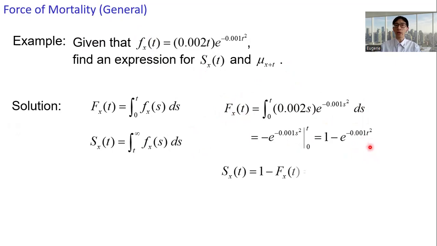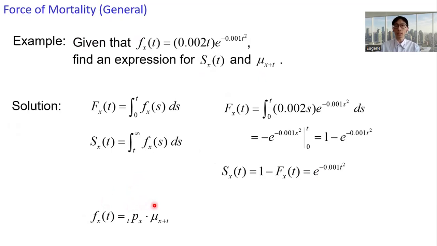So the survival function Sx of t is simply 1 minus Fx of t. So we get the survival function Sx of t equals e to the power negative 0.001t squared. To obtain the force of mortality, the density function fx of t equals tpx times mu x plus t.